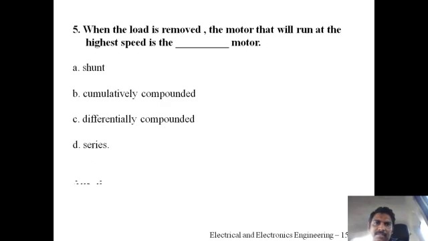The fifth one: when the load is removed, the motor that will run at highest speed is dash motor. When the load is removed, meaning the load is zero, the motor that will run at highest speed is the DC series motor. It runs at dangerously high speed, which we have seen. Therefore, we can go for option D.